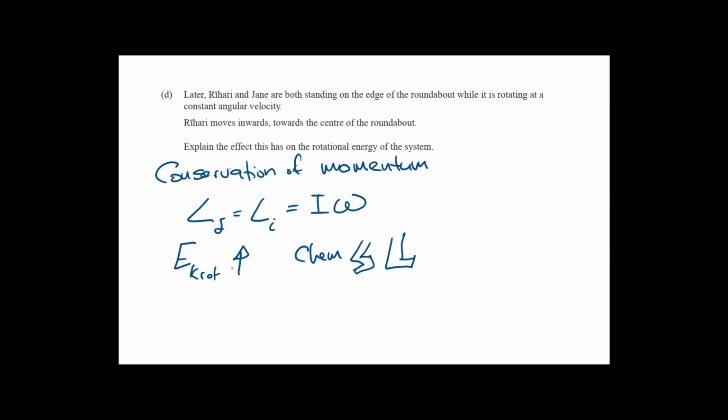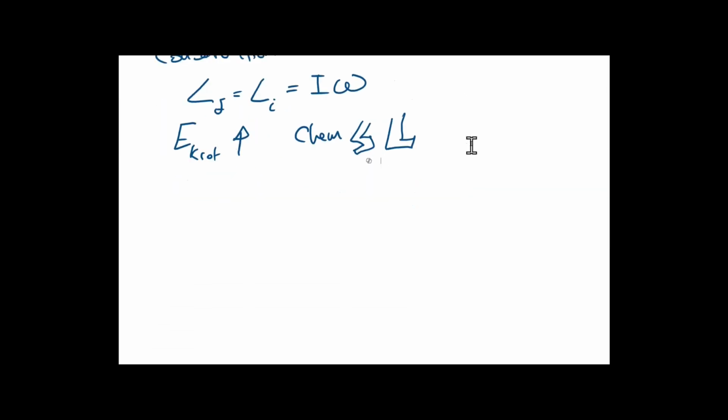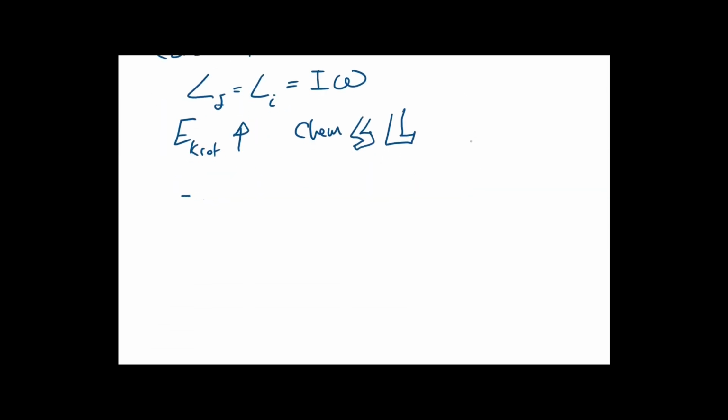So let's see how she does this. The moment of inertia of the system is mr squared. Now, if r is going down and the mass doesn't change, then r going down a little bit, because it's squared, the moment of inertia must go down a lot.